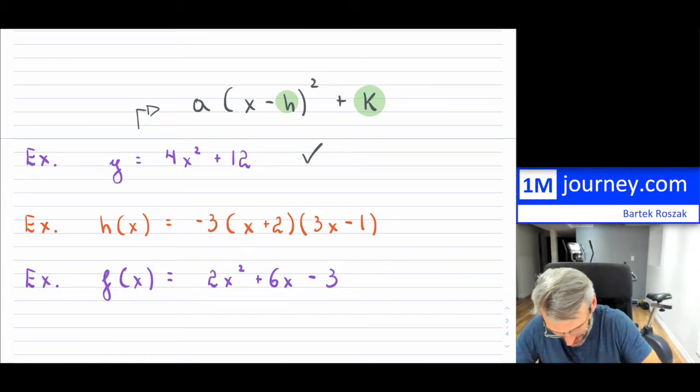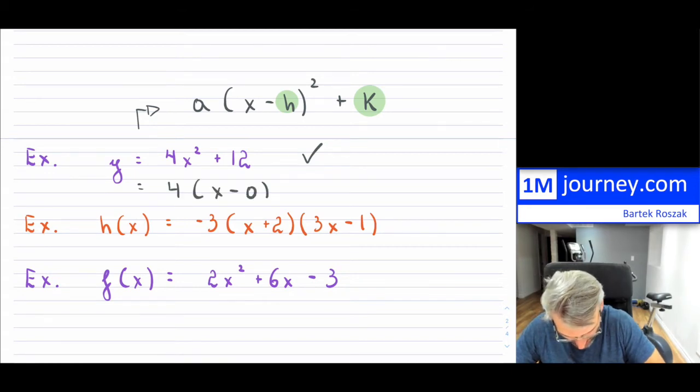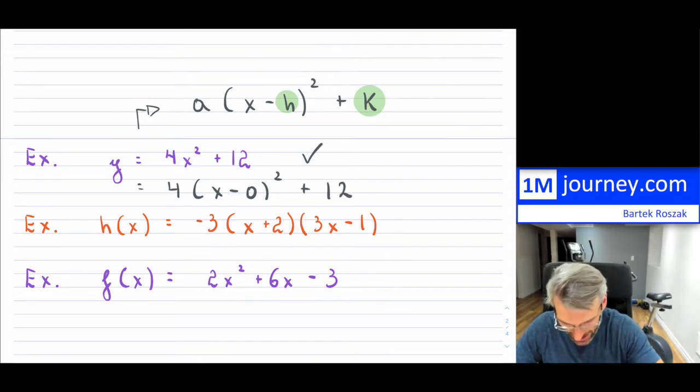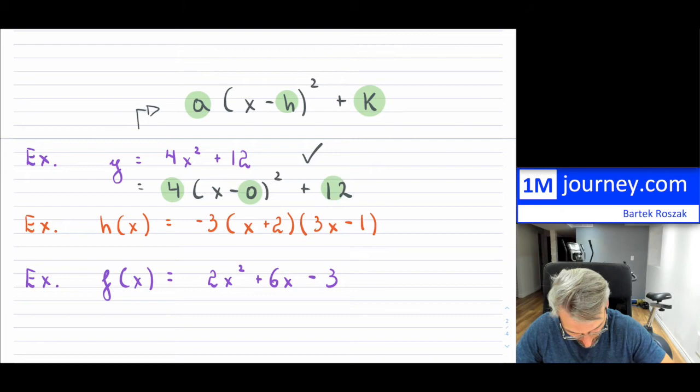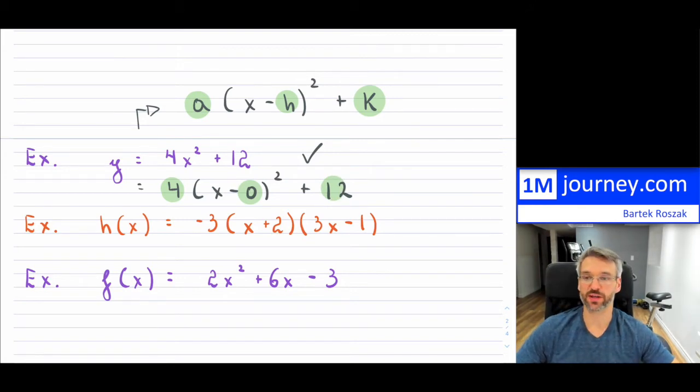Well, if you write this out, if I'm going to expand this, notice this is what we have, where your a is the 4 right there. Your vertex right there is basically 0 plus 12. That's what we have happening here.